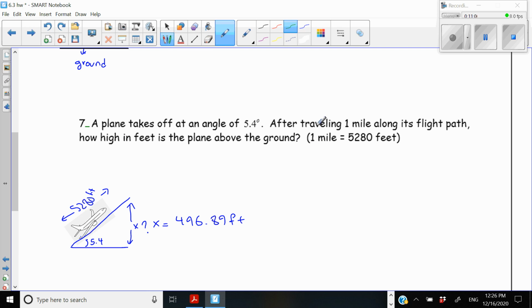And we know that 1 mile is equal to 5280 feet. So here's the image of what is happening here. This airplane is taking off. The angle that it's making is 5.4, and then it's traveling for 1 mile, which is 5280 feet. Now it's asking what is the height at this point. When it reaches this point, what is the height here?